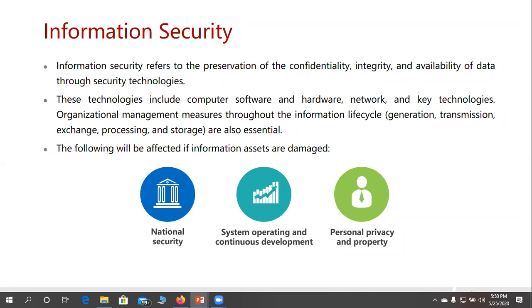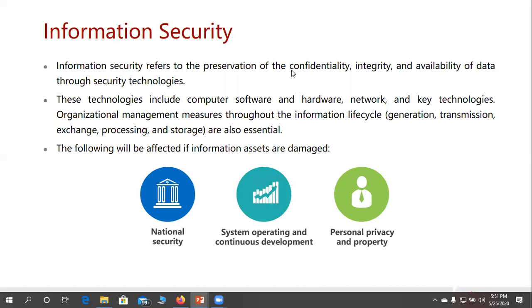A DDoS is a distributed denial of service attack. So with DDoS, the attack comes from multiple sources. What they do is bombard a website with so many requests such that legitimate users are not able to access the servers. So the information won't be available.